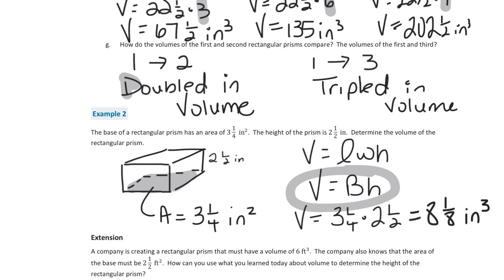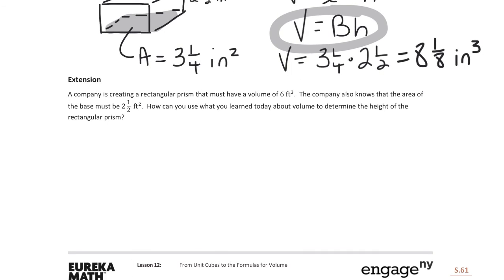Okay, down at the bottom of the page, we have an extension problem. In the extension problem, a company is creating a rectangular prism that must have a volume of 6 feet cubed. The company also knows the area of the base, which must be 2.5 feet.